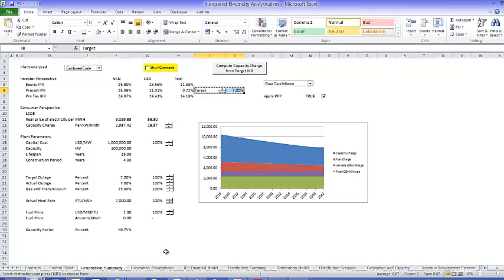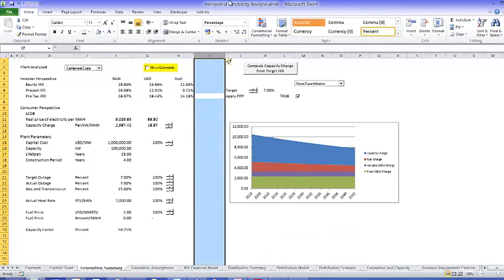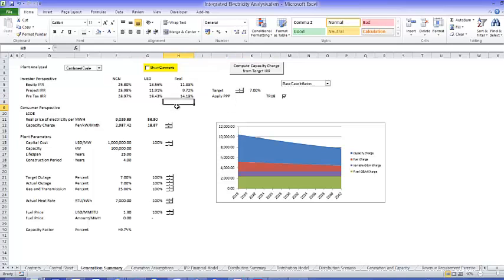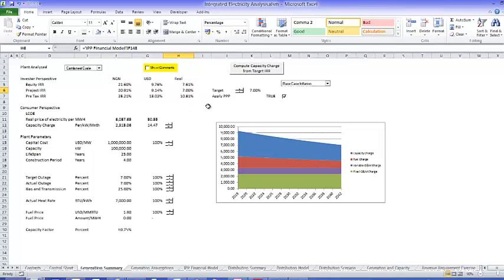Oops, I think I shouldn't have done that. Alright, I'll leave that there for now. I was just checking to make sure the goal seek still works.